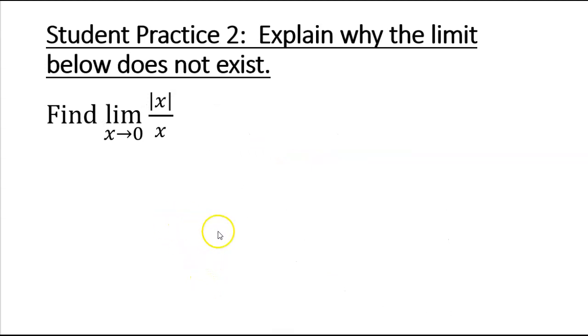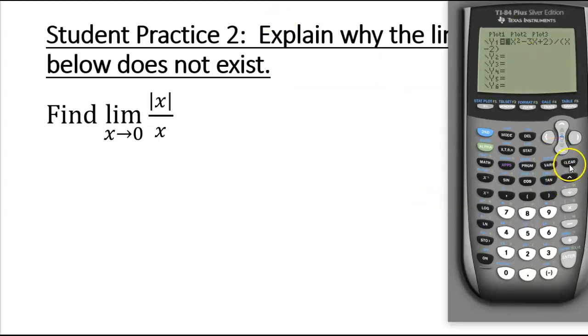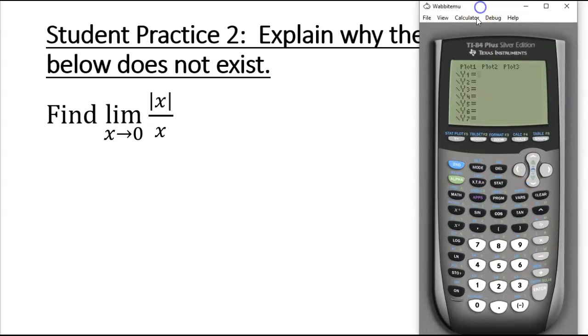Okay, so I want you guys to go ahead and do this problem here. Now, as you guys do it, you're going to need to know where the absolute value function button is on your calculator. The absolute value function button on your calculator is under the math button.